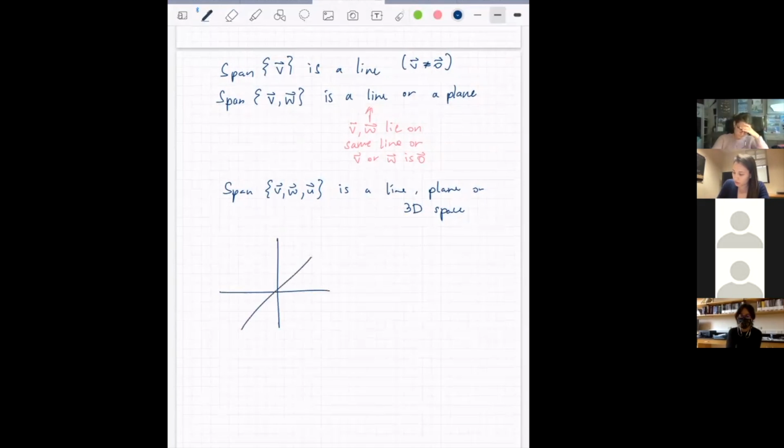Okay, so here's R3, we can think about it like this. And if we have one vector, it looks like this. The span will still be the line going through it, right? So we could just imagine extending it. So it'll be a line in R3. Thank you. Yeah, no problem.